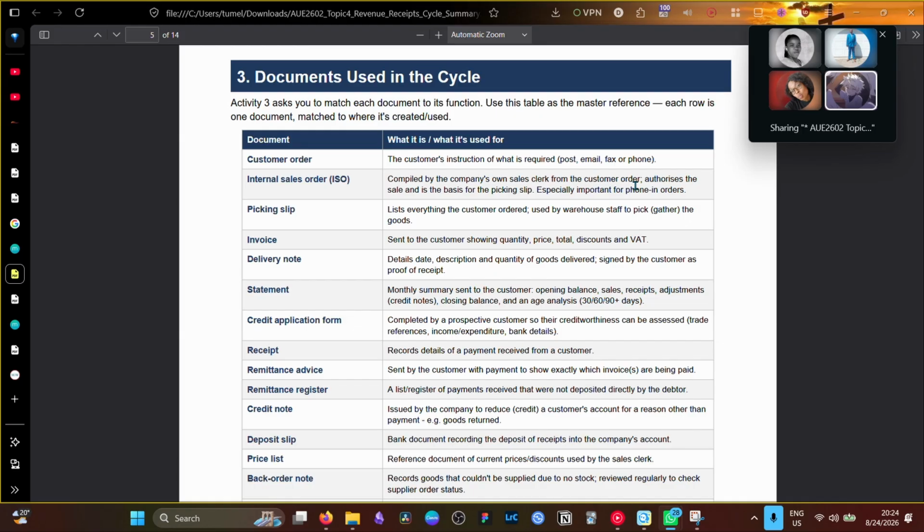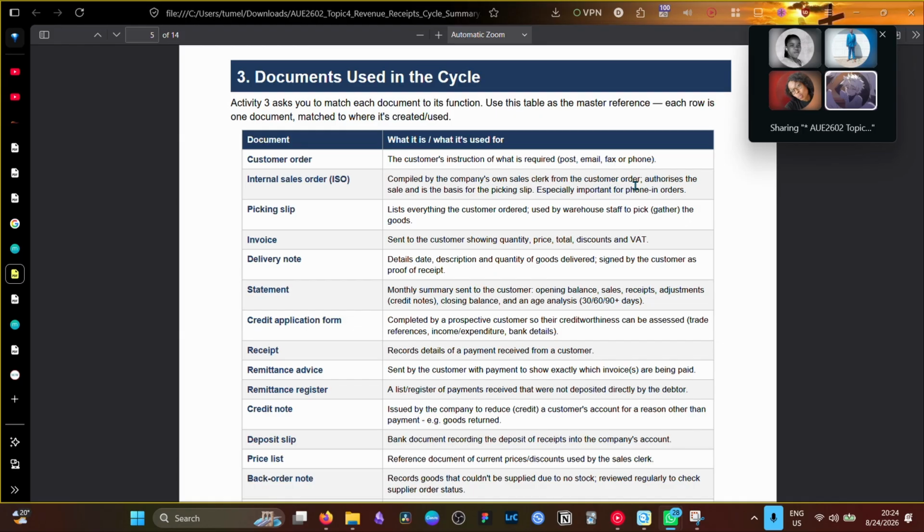There is a difference which is listed here: the picking slip is listing everything the customer ordered, used by the warehouse staff to pick (gather) the goods.